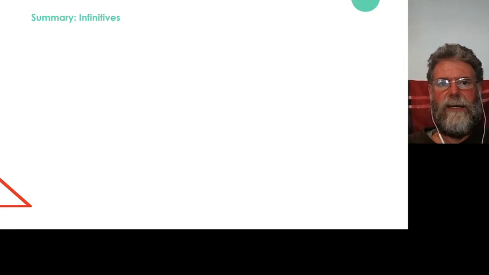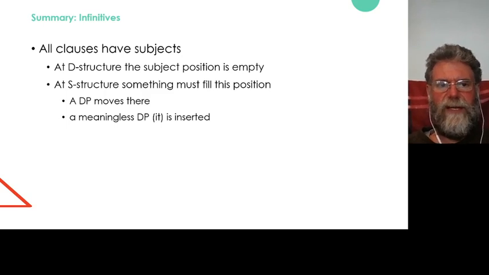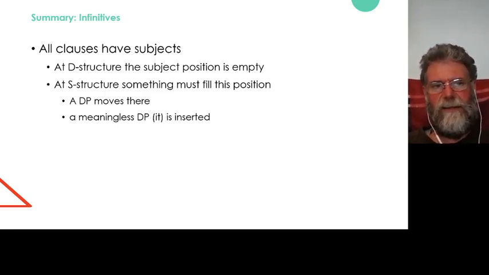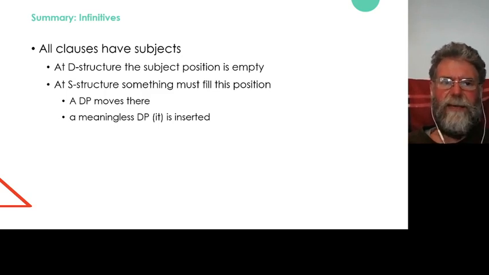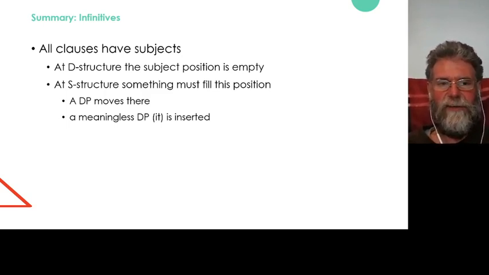Okay, let's now summarize everything we've said in this lecture then. First of all, we started with this idea that clauses have to have subjects. We've said that that's a little bit more complicated than that, because at D structure the subject position is empty, so they don't have to have subjects from any semantic point of view.